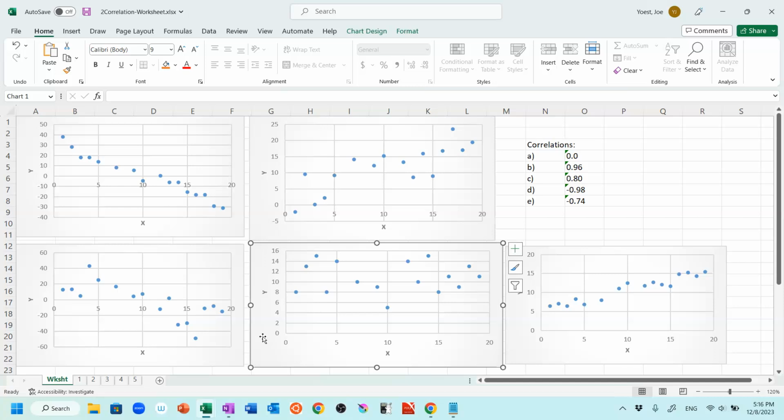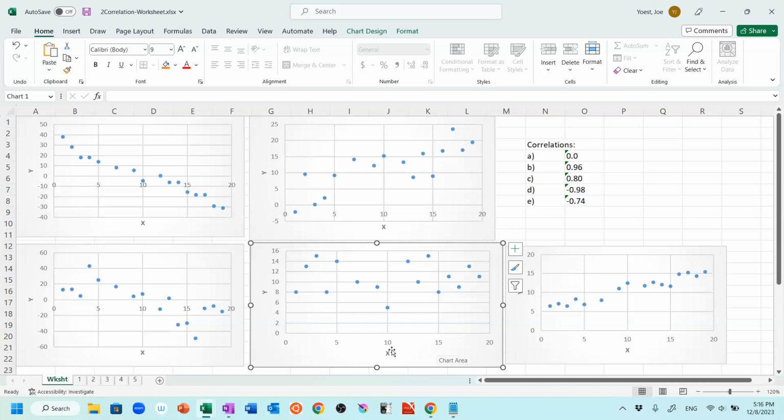And then for the bottom center, if I draw a vertical line around x equals 10 and a horizontal line around y equals 10 as well, there seems to be a good bit of data in each of the 4 quadrants, maybe suggesting a low degree of linear relationship between the 2 variables.